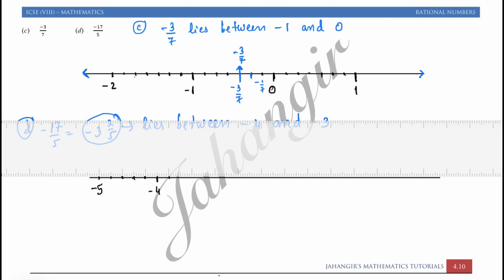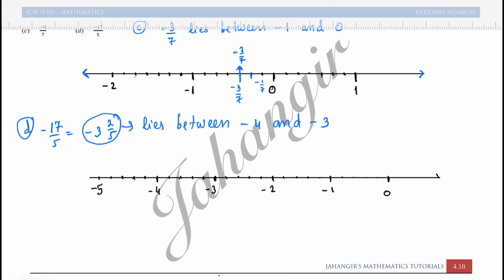Again 1 by 5 because we have 5 divisions, 2 by 5, 3 by 5, 4 by 5 and 5 by 5. 5 by 5 is exactly 1, so it is minus 3. 1, 2, 3, 4, 5. On the fifth division you have to start marking the numbers. This is minus 1. 1, 2, 3, 4, 5. This is 0. Okay.